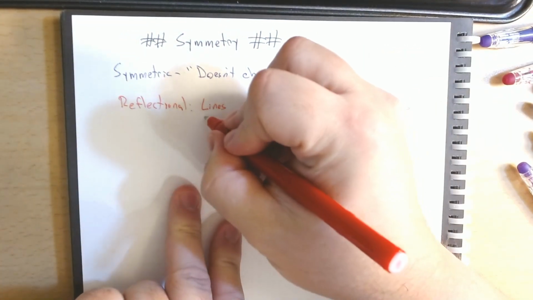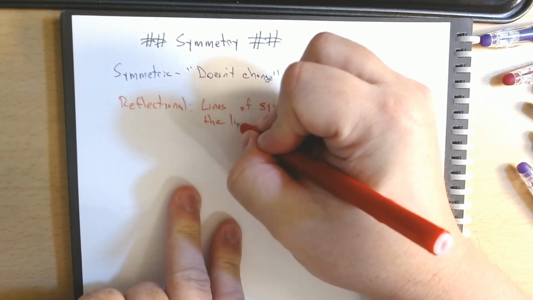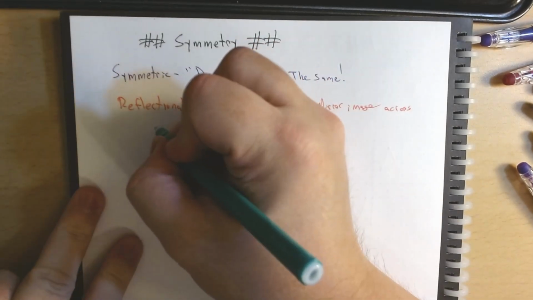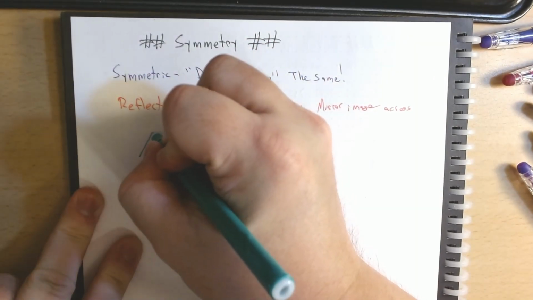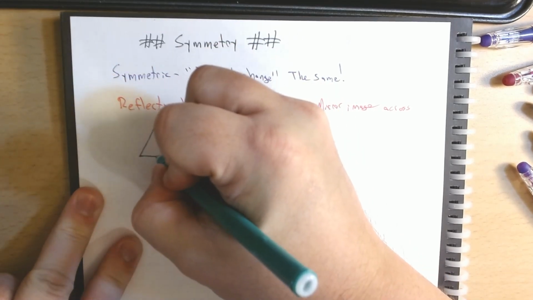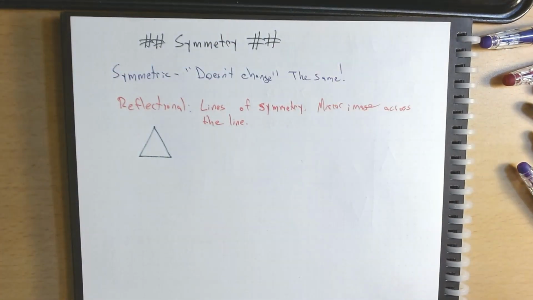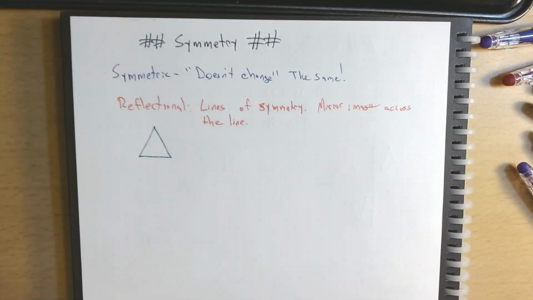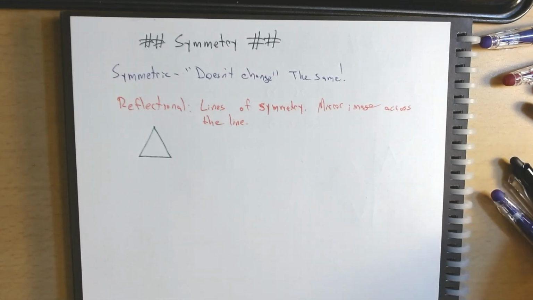For example, we've got a triangle. What we're looking for is where we can draw a line on this triangle where if you folded it over, it would match perfectly, or the mirror image is 100% correct.